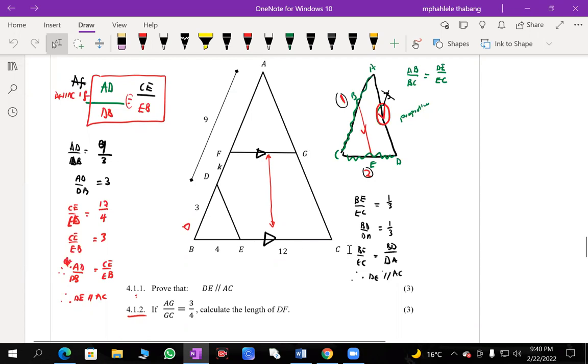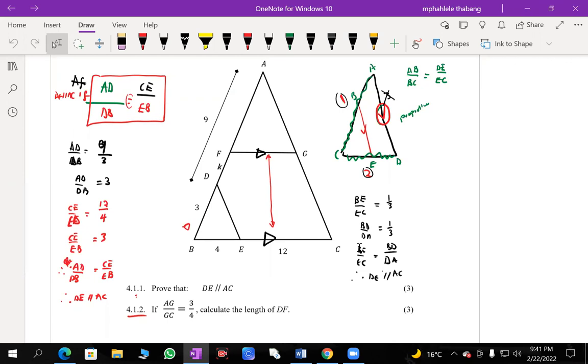But I don't want to conclude it, especially in topics such as Euclidean geometry, where diagrams are not drawn to scale. So I'm not sure if FG is parallel to BC. I must have a valid reason.